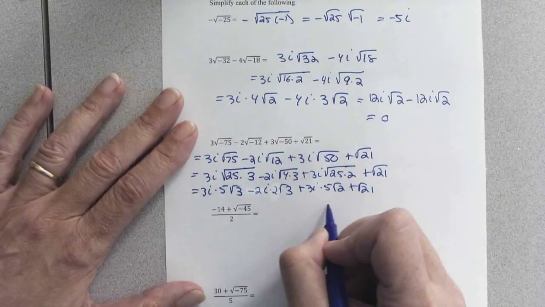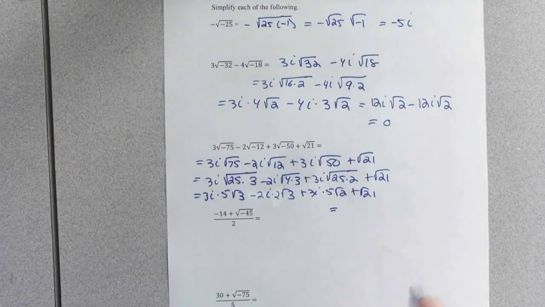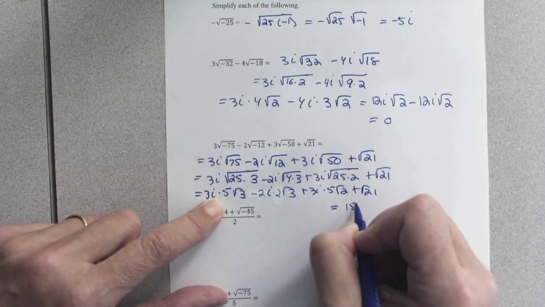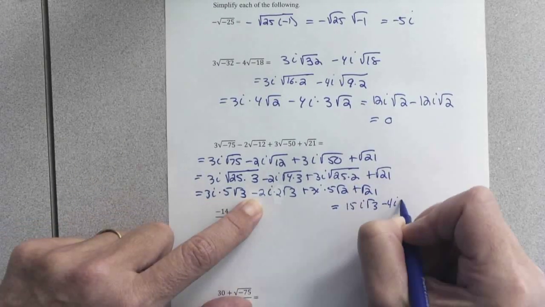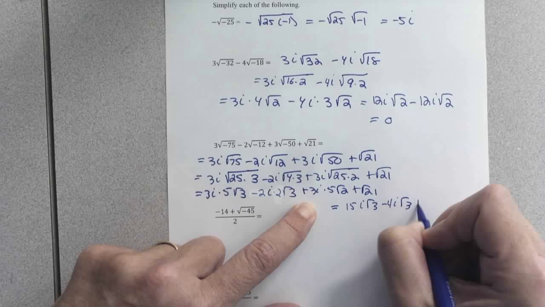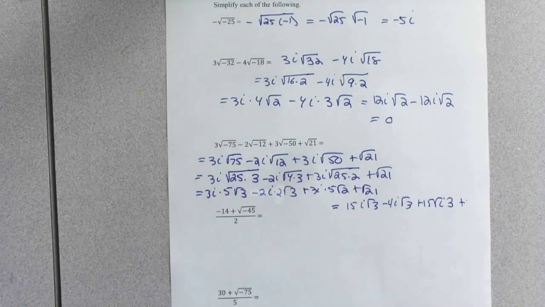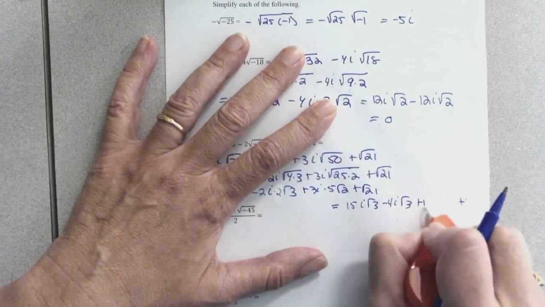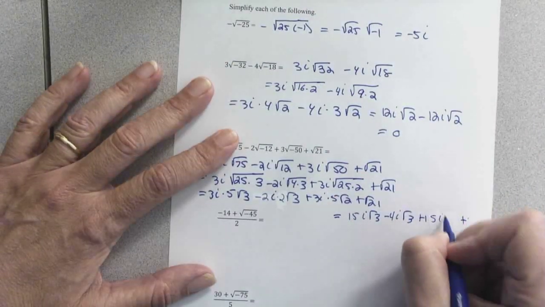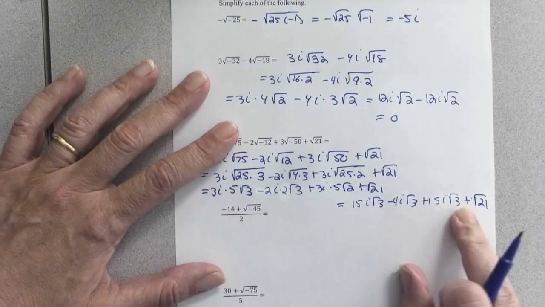We will drop down here. I didn't plan my space well. So we've got 15i square root of 3 minus 4i square root of 3 plus 15i square root of 3. And then on the end, square root of 21.